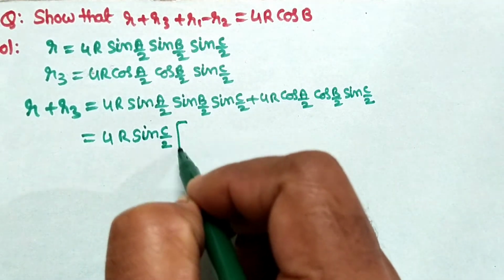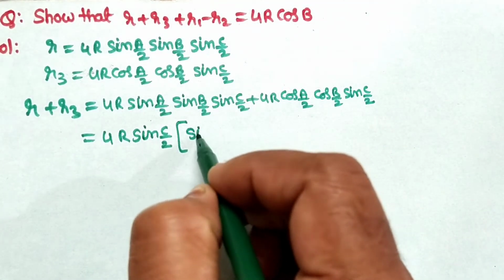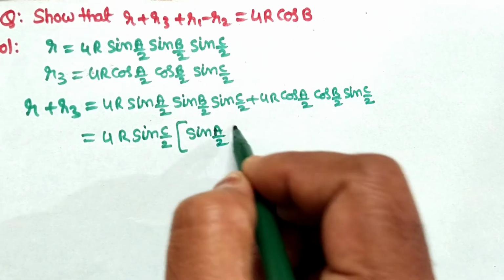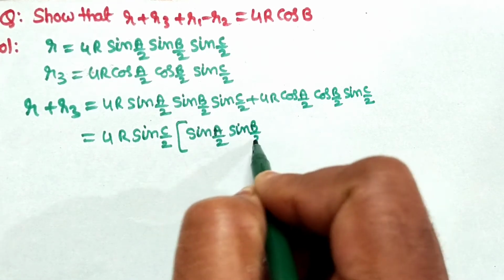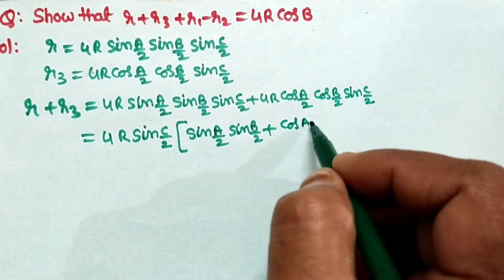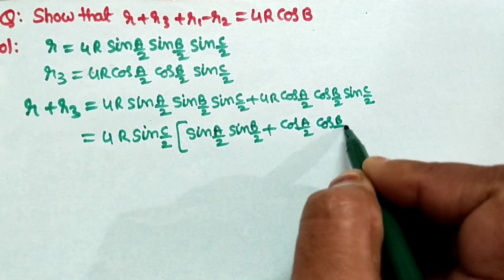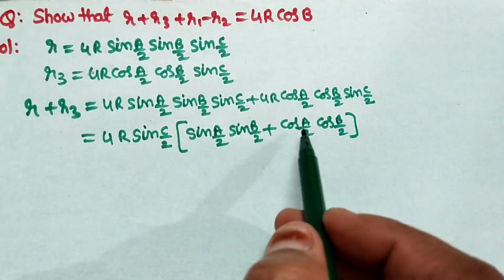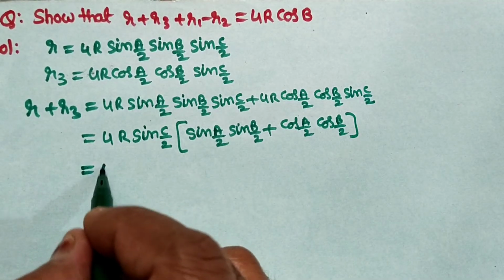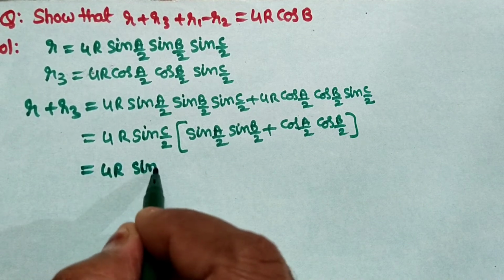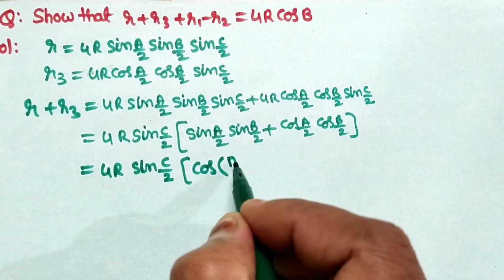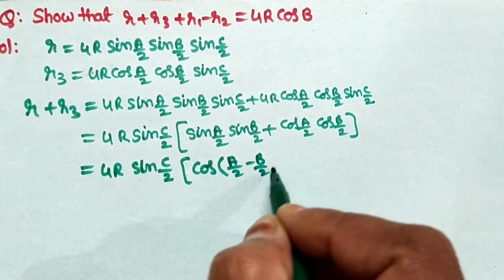The rest of the terms are sin A by 2 sin B by 2, plus cos A by 2 cos B by 2. It is in the form of cos A cos B plus sin A sin B, the cos of A minus B formula. So 4R into sin C by 2 into cos of A by 2 minus B by 2.